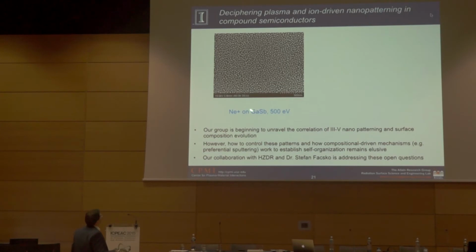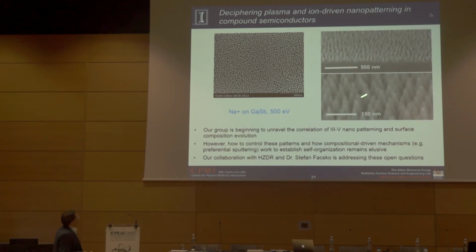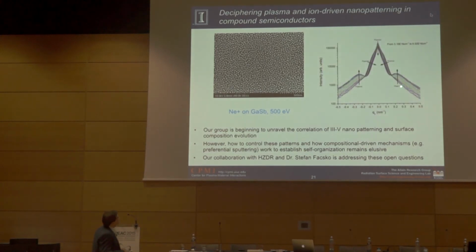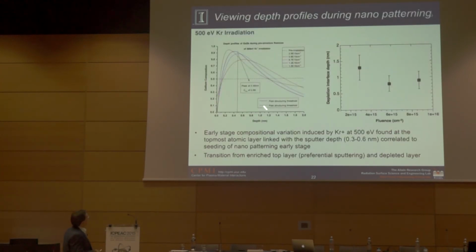And so we started working, for example, with neon singly charged ions on gallium antimonide. This is data at 500 eV, and you can see that these very beautiful patterns can be induced. And the question is, how is this being driven? So we looked at GISAXS data that looked very closely at the fluence levels at which these patterns evolve on the surface. And we started looking at very detailed surface-sensitive data taken right before we induced the patterns.